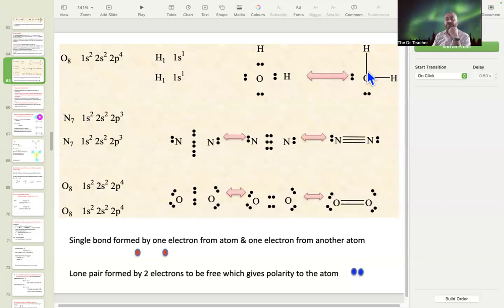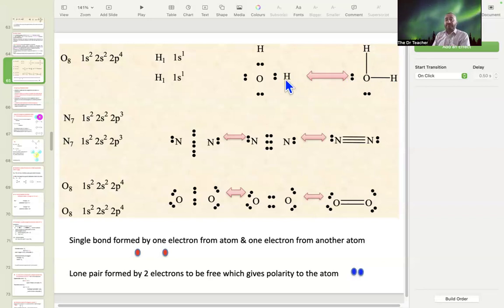Oxygen, hydrogen, single bond. And another 1 electron from oxygen with 1 electron from hydrogen forms another single bond. So every single bond is formed by 2 electrons.